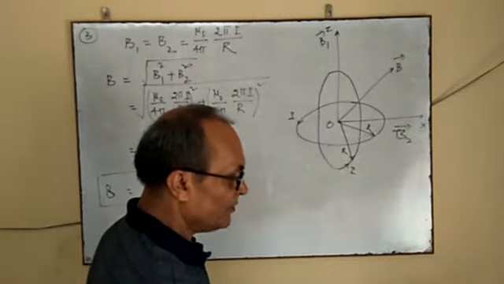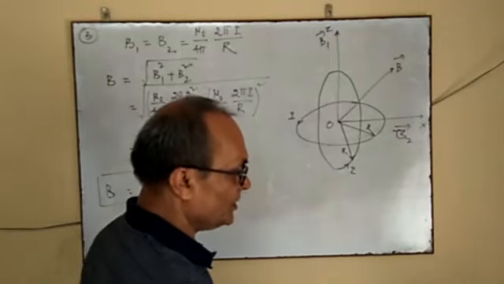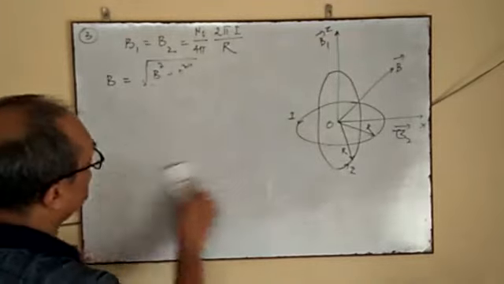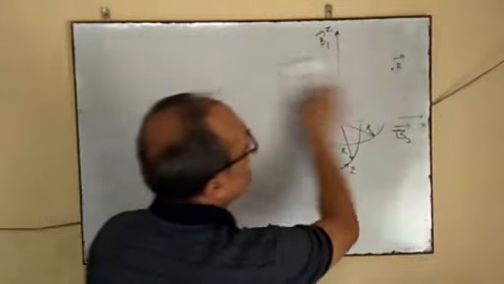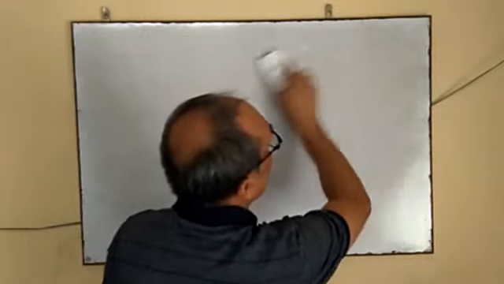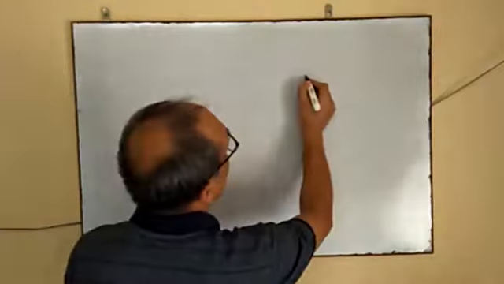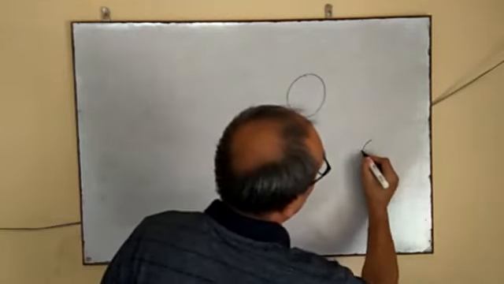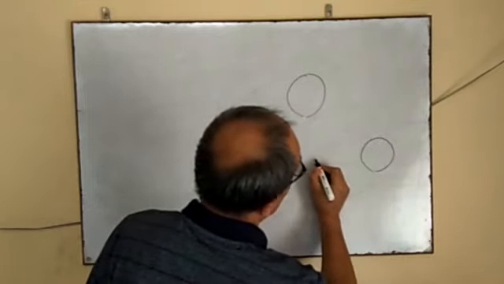Now I am going to discuss here the magnetic field due to two circles which are displaced, they are not concentric. They have some distance, meaning their centers have some distance from each other. This is here the coil. This is another coil, and suppose this is the reference point.